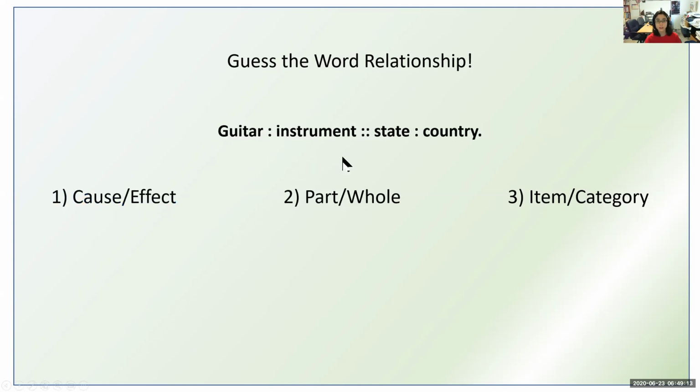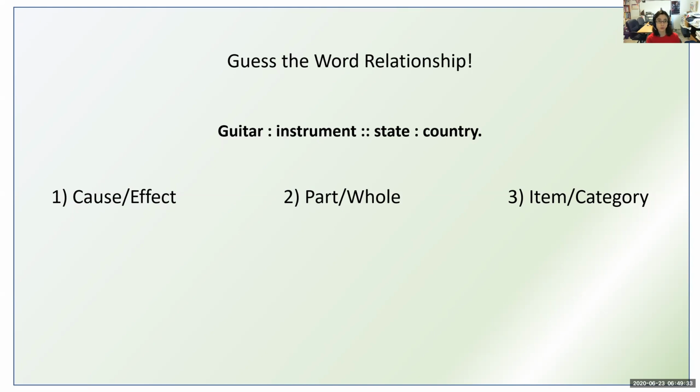Guitar is to instrument just as state is to country. Again, guitar is to instrument just as state is to country. Okay, so on your piece of paper, I'm going to have you write down number 2 because this is your second word relationship.